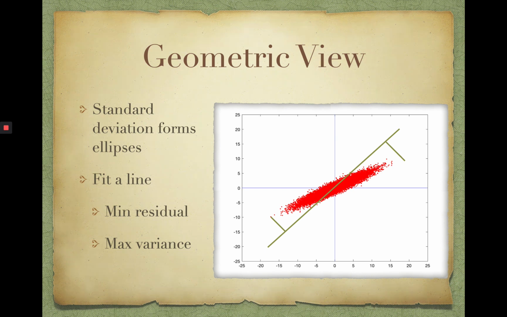what is the minimum residual, the minimum distance from my main green line to all of those little red dots. So imagine I did that calculation, that distance, on all of them.